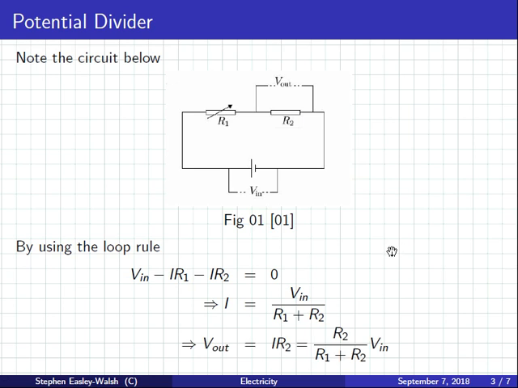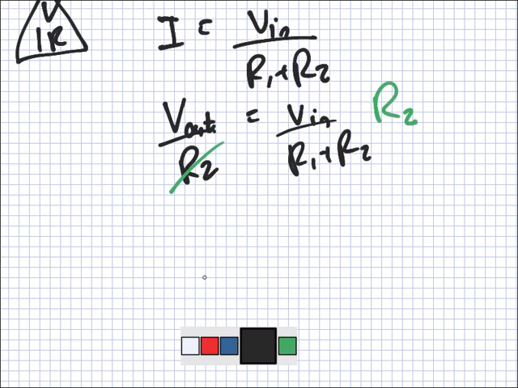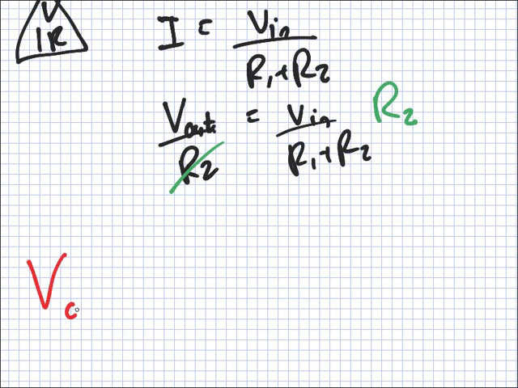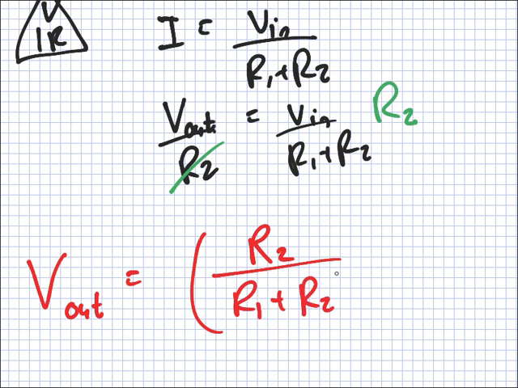And this gives us our formula here. I'll write it down here a bit neater. V out equals V in, I'll put the R2 inside, R2 over R1 plus R2 times V in.